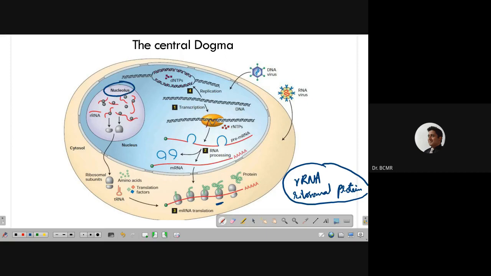They are organized in the nucleolus. When we read about translation, we will also learn, I think I have given it as an assignment, I have to look at it, there is a particular order of how the ribosomes are made, right? Which one is put first, RNA, and upon which protein has to add, and so on.